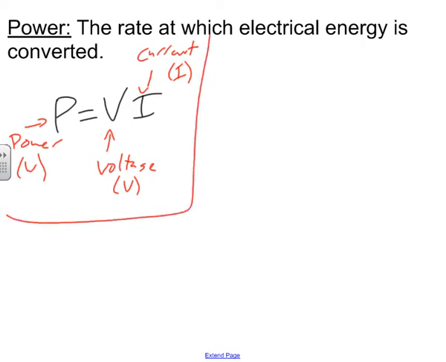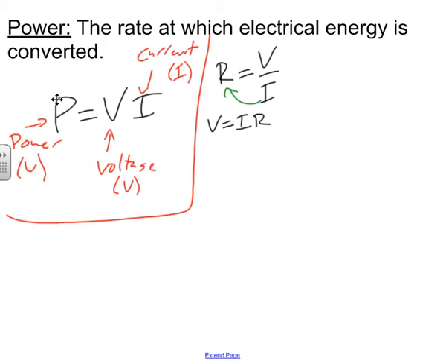Now this is one formula we can use for power, but we can use the resistance formula to derive other ways of calculating power. For example, we know the formula for resistance is equal to voltage over current. Now if I take current here and I move it over, what I'll end up having is voltage is equal to current times resistance.